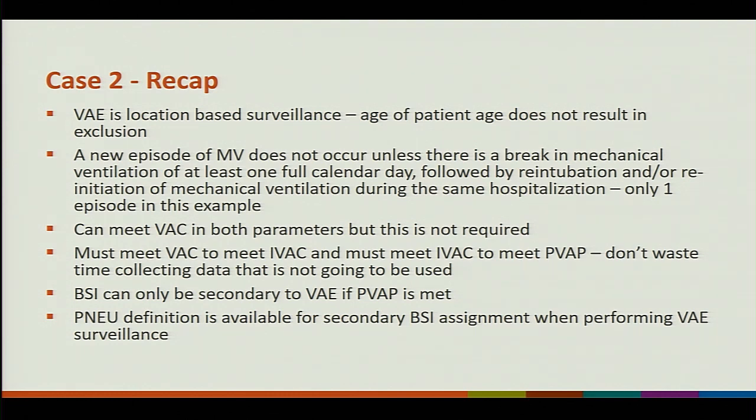The BSI can only be secondary to VAE if you proceed to the PVAP tier, but remember that you do have the ability when you're doing CLABSI surveillance to look at pneumonia, regardless of whether you're doing VAE or not doing VAE. You always can use pneumonia just like you use UTI and SSI and all the other Chapter 17 definitions.